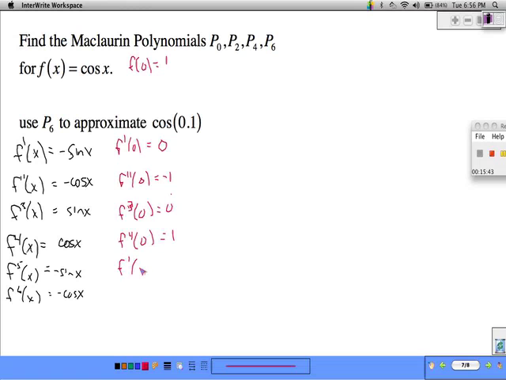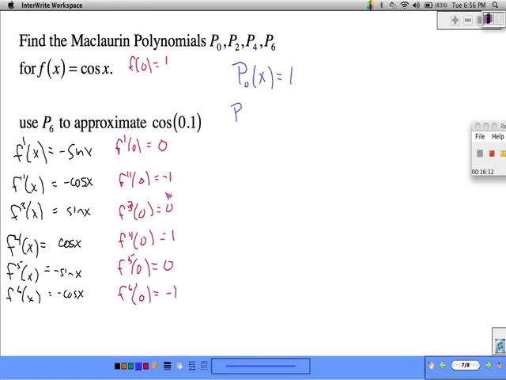Fifth derivative at 0 is 0. And the sixth derivative at 0 is negative 1. So my 0-degree Maclaurin polynomial is just going to be 1.